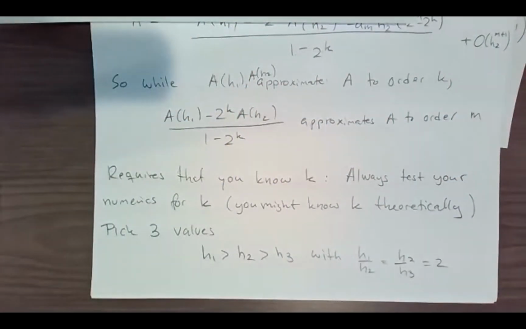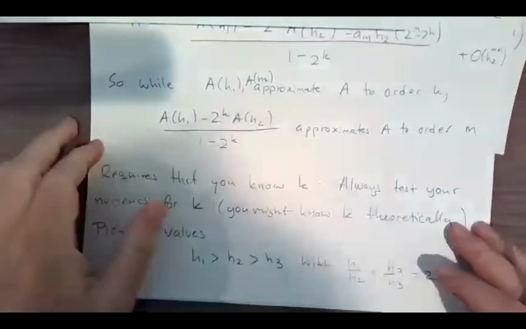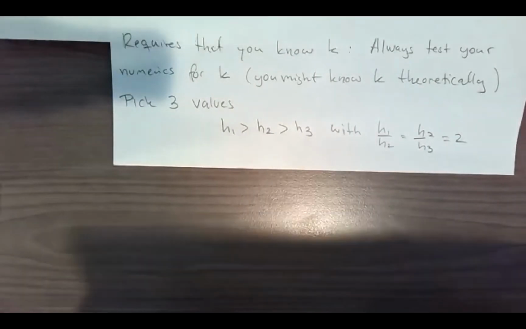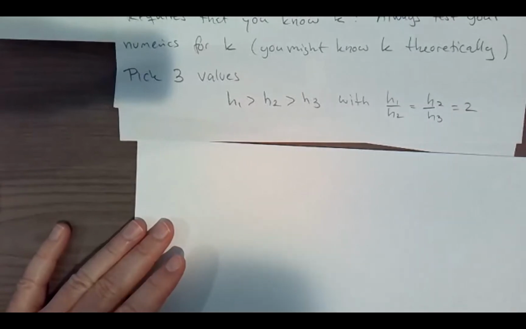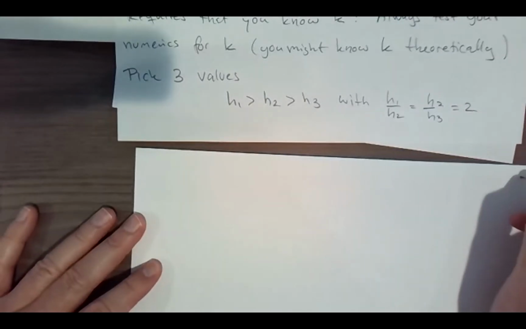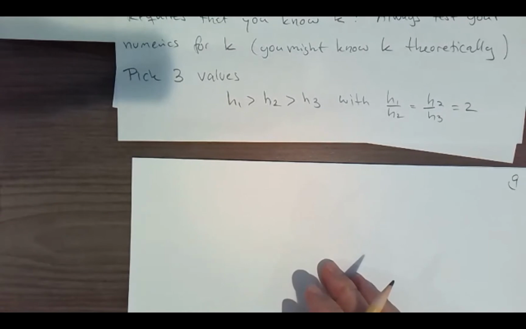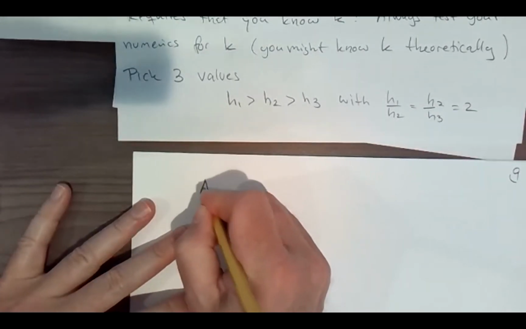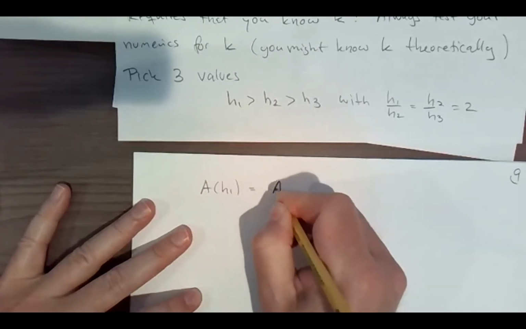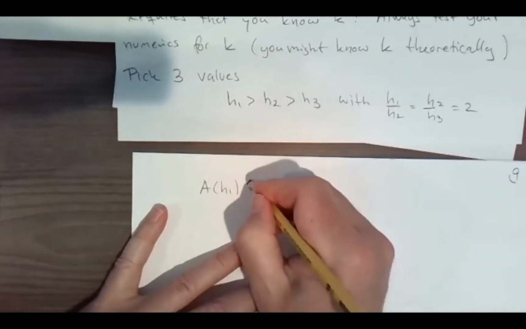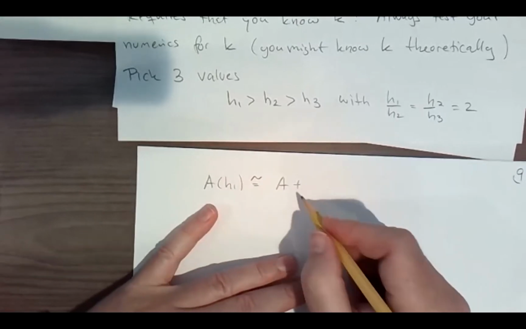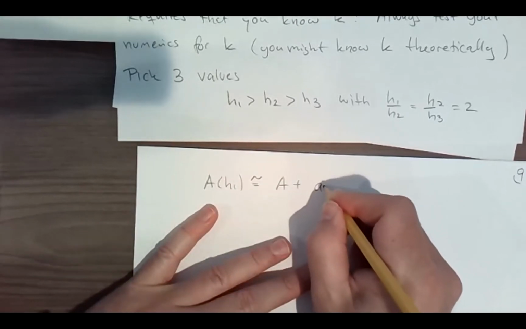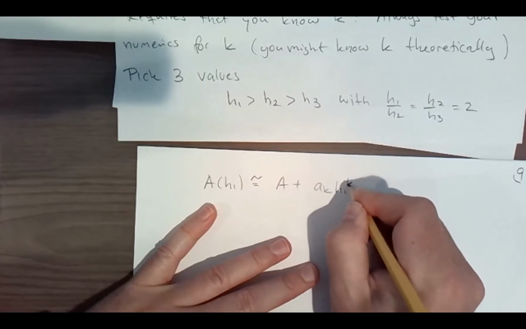So to test out the order, we need three of them. Then what you do is you say, I'm hunting what k should be. So if I have a k order method, I know that a of h1 is going to be roughly equal to a plus a coefficient ak, and then h1 to the power k.